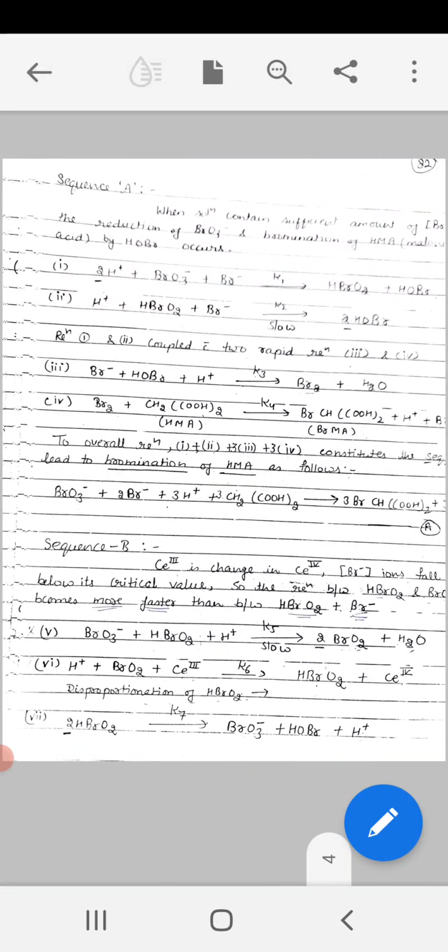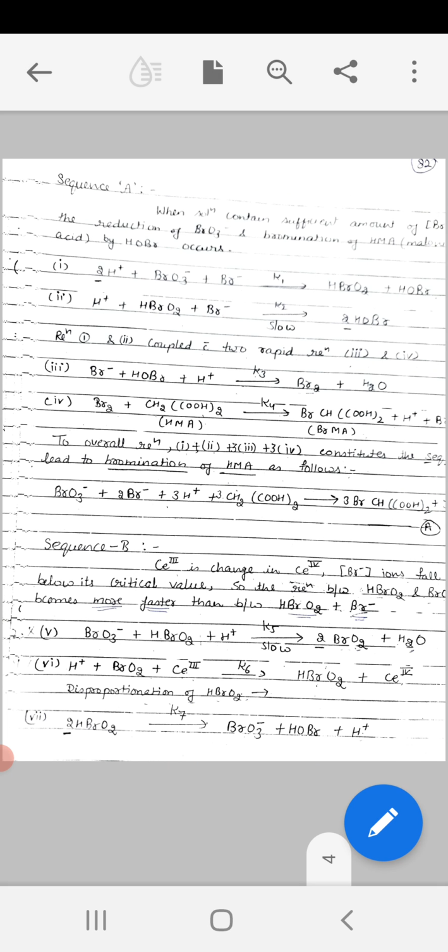Sequence A. When the solution contains a sufficient amount of bromide ions, the reduction of BrO3- and bromination of HMA, malonic acid, by HOBr occurs. In the first step, 2 H+ ions combine with BrO3- plus bromide ion with rate constant K1 and form HBrO2 plus HOBr.